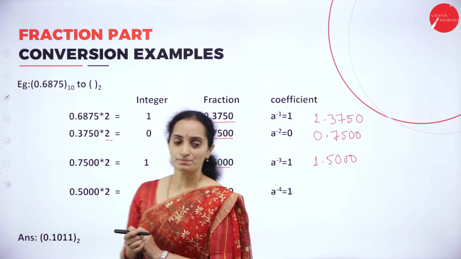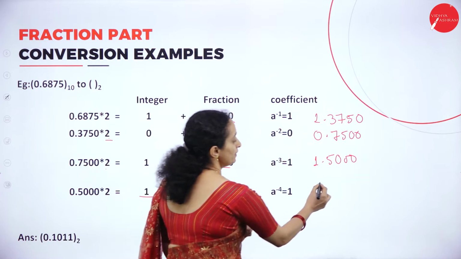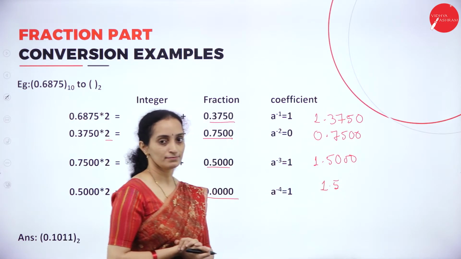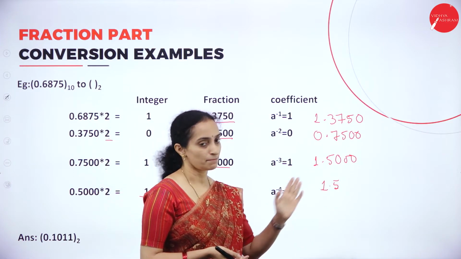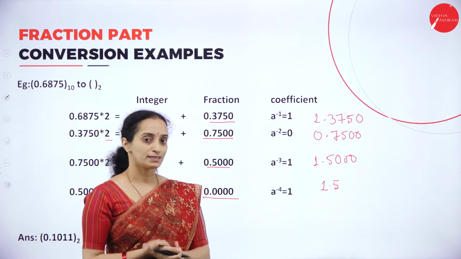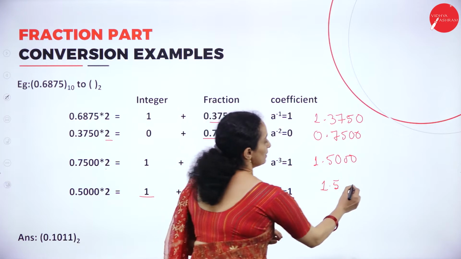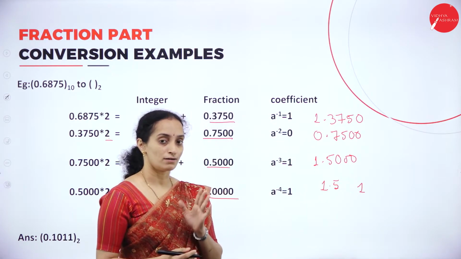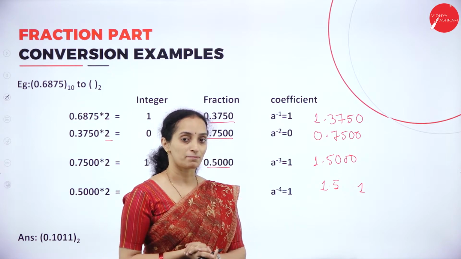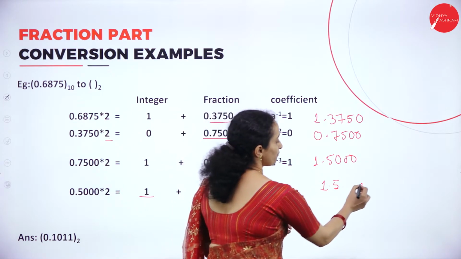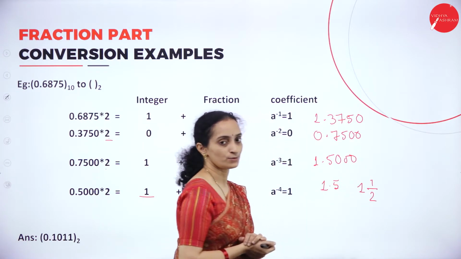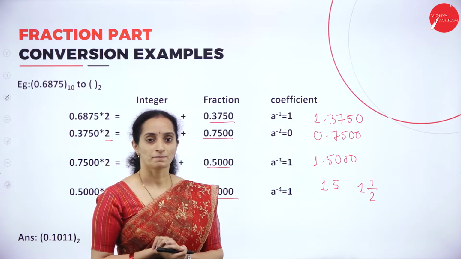For example, if you take the number 1.5, how do you represent it in numerator and denominator form? This can be represented as 1 by 2, is it not?